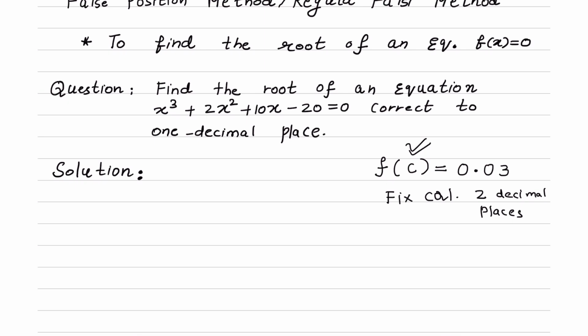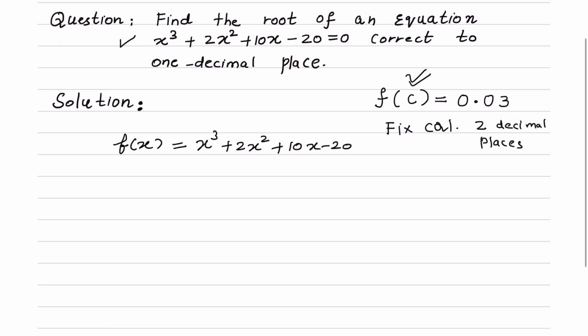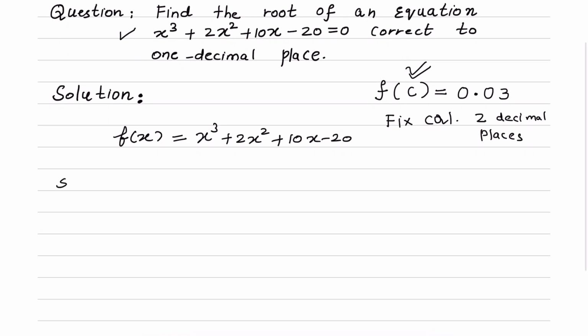To start this, first we shall have to write what is f(x). Look at this equation. Whatever is on the other side of 0, that would completely be f(x). So f(x) here is x cube plus 2x square plus 10x minus 20. Just like in the bisection method, step 1 here is to find the interval in which the root will lie.